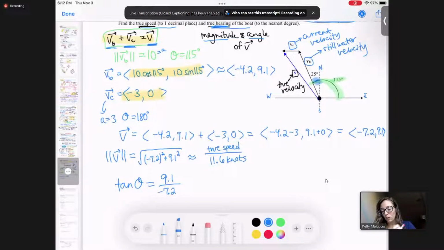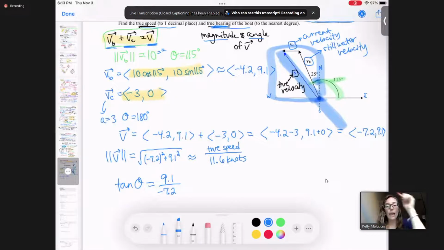We're looking for an angle that's really between 90 and 180. It should be here because this is the direction of our vector. So if for some reason we get the opposite one, we just might have to add or subtract 180 or 90 or something to figure out what the actual angle is.